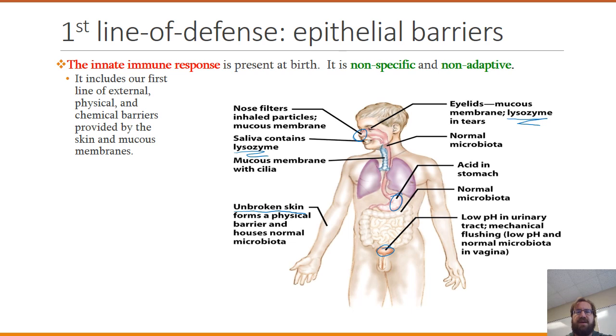And then you'll see that in a couple of different places on here, there are some biological barriers. They call them, in this slide, normal microbiota. You've probably heard them called good bacteria or probiotics. These normal microbiota are found all along your nasal cavity. They're found throughout your colon, and they're also found in the vagina.